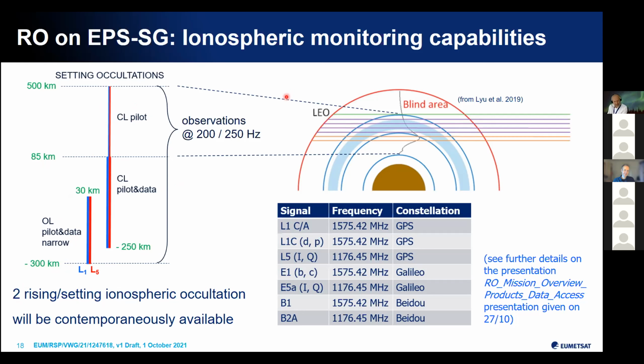And we have to say that at 500 kilometers, the electron density is not really negligible, and some care must be taken in the retrieval algorithm for the electron density profile, because it should be initialized somehow. Anyway, we asked ESA to try to understand if we can extend this limit higher, possibly up to 600 kilometers. And the analysis is going on.